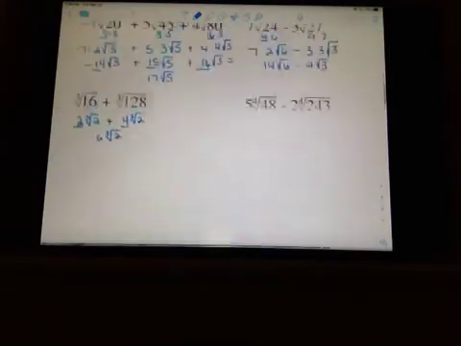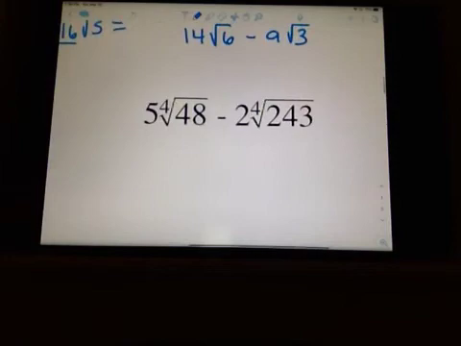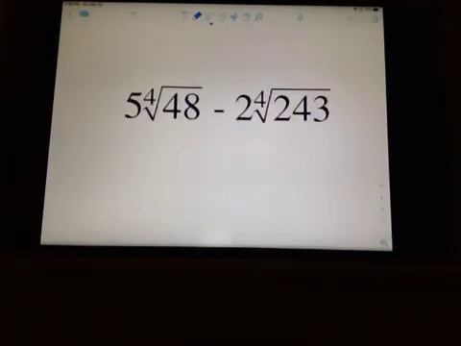And then my last one, I think. Okay, 48, not a perfect fourth root, but it will break to 16 times 3. And then 243 will break to 81 times 3. Now remember that you can use your nth root chart, the ones with the cubes, the fourths, and the fifths on it from the notes. You can use those to help you break up your nth roots.